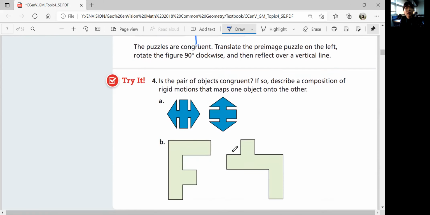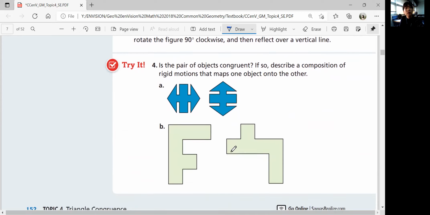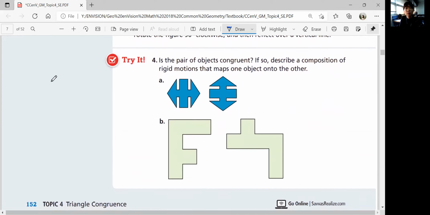Let's look at try it. Is a pair of objects congruent? If so, describe a composition of rigid motions that maps one object onto another. Come back when you have the answers, okay? Part A. Is this congruent? Yes. How would you describe it? You can rotate 90 degrees and then translate.